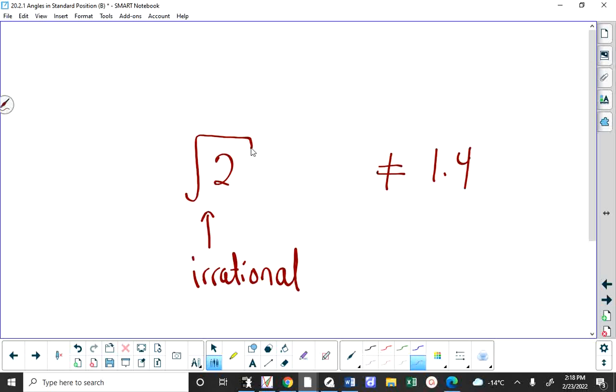I'll tell you what the right answer is in a second. An irrational number is a number whose decimals, when you look at it in decimal form, go on forever with no repetition. It cannot be expressed in decimal form, and it cannot be expressed in fractional form as an exact value. And as I said, we're looking today at exact values.